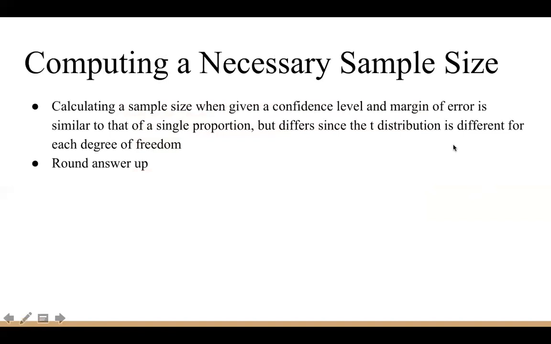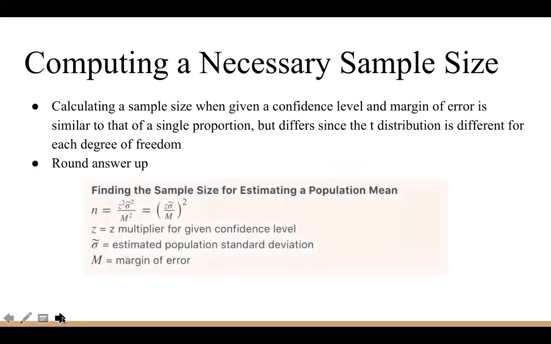And then just remember to round up your answer for these because you want to make sure that you meet that minimum sample size requirement. But otherwise, the formula for estimating a population mean is as follows. You're going to use the z multiplier and estimate your population standard deviation and then your margin of error.